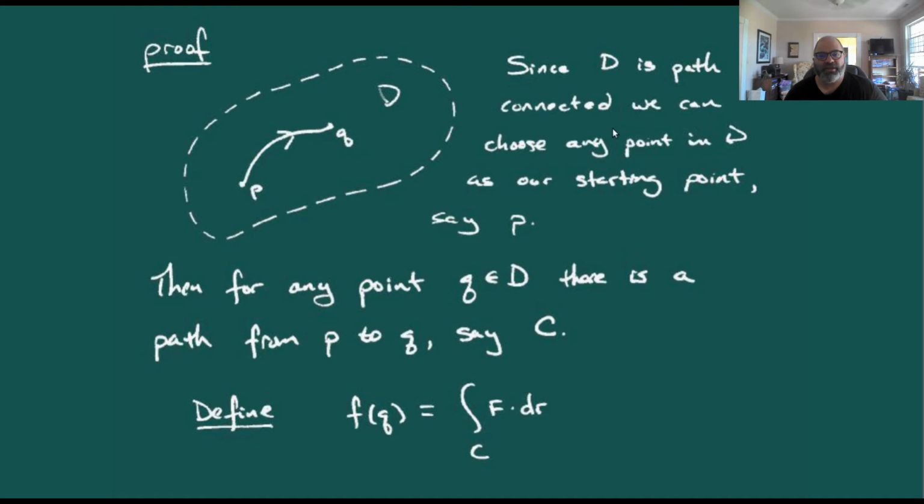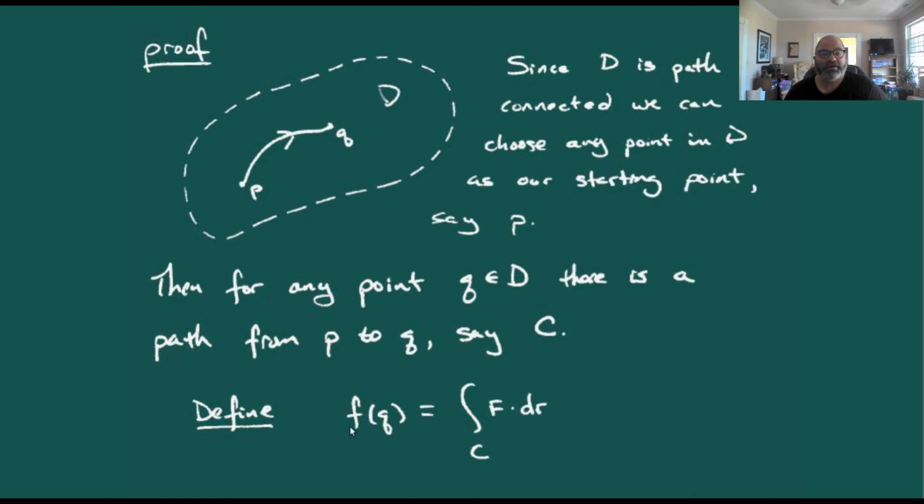Well, the idea goes something like this. Since D is a path connected region, we can choose any old point P in D as our starting point. Path connected means that we can get from any 2 points in that region by some kind of path. And so if we want some potential function, how do we get it?